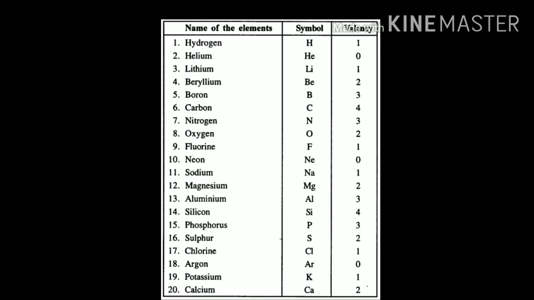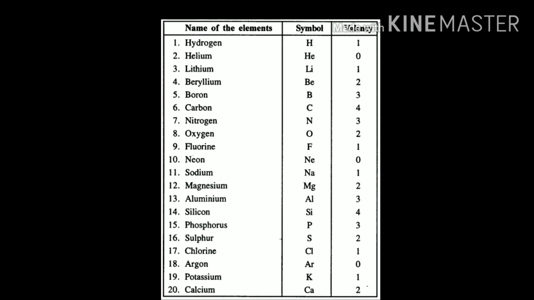For example, calcium is Ca, so the formula is Ca. Cadmium, what do you write? Cd. And chromium is Cr. Chlorine, Cl. Cobalt, Co. That means you write the first two letters, and the first one is a capital letter and the second one is a small letter.